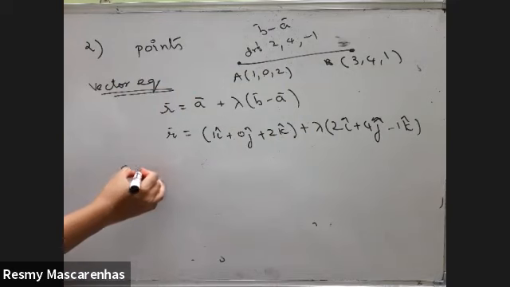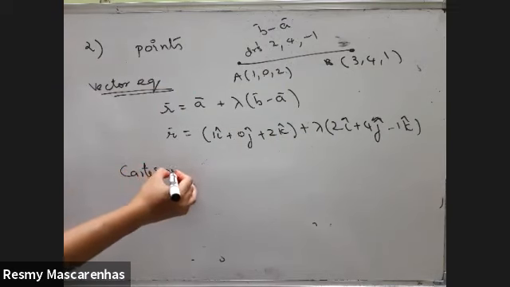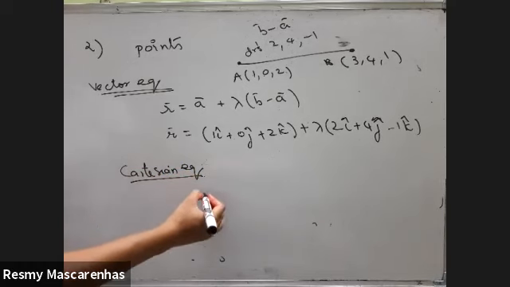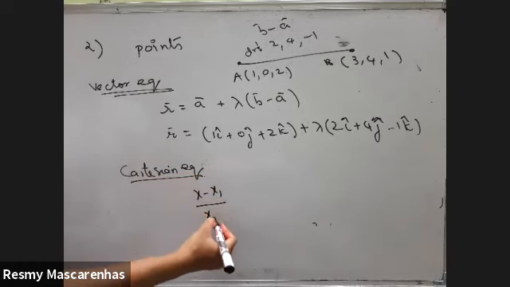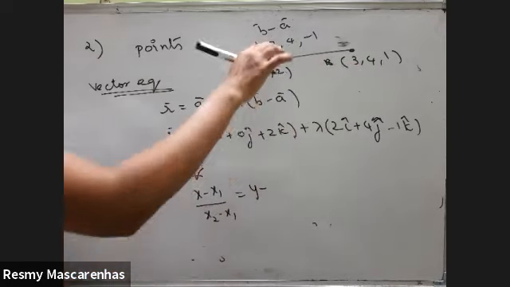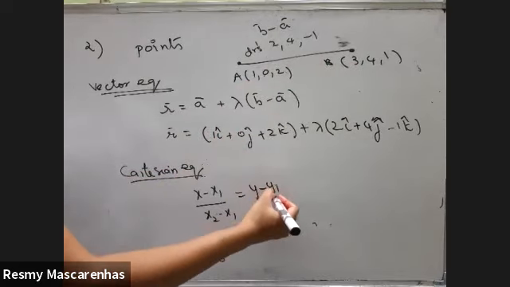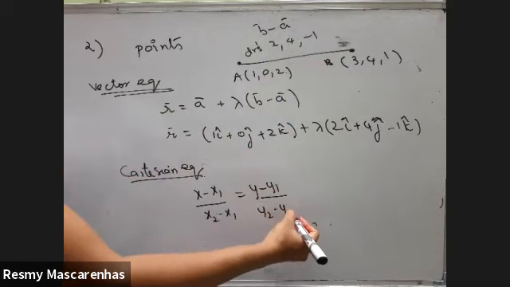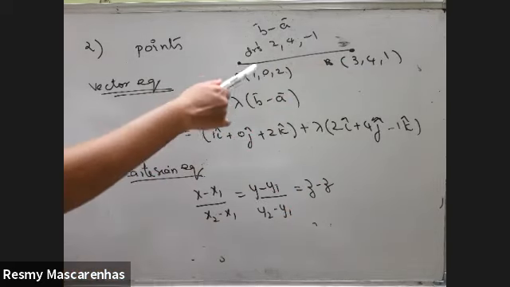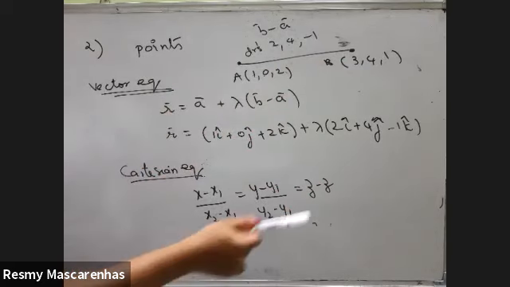And the Cartesian equation: x minus x1 upon x2 minus x1, y minus the first point y1 upon y2 minus y1. Worst case, even if you forget the formula, you know how to write x minus the first point upon its direction ratio.